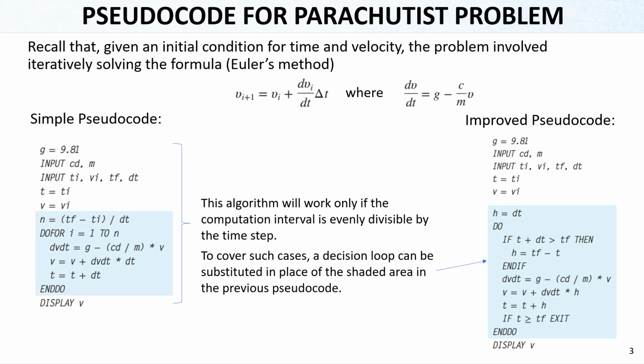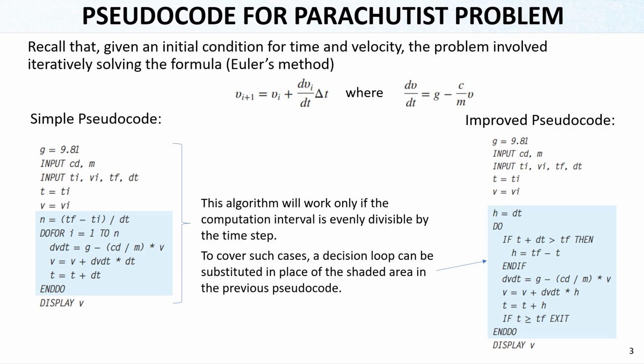If you remember the numerical formulation for the parachutist problem, we have v at i plus 1 equals vi plus dv divided by dt times delta t. So this was the time step size, this was the slope, and this was the initial velocity. And in here, dv divided by dt was g minus c over m times v.